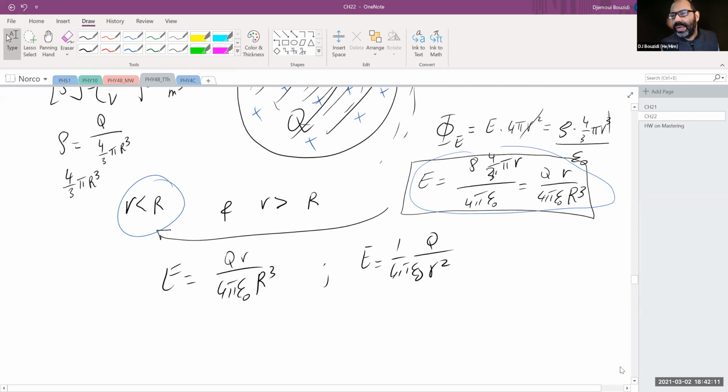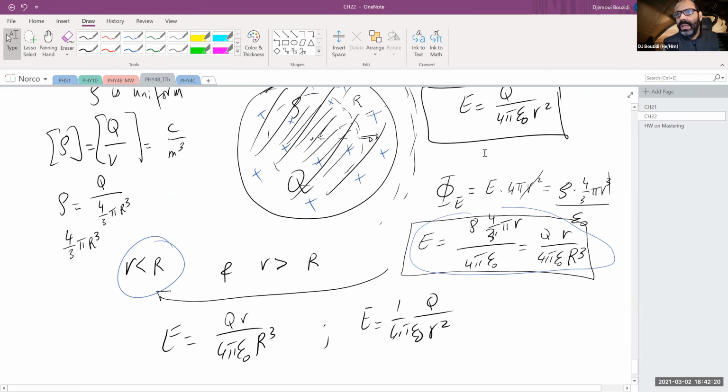So the electric field turned out to be, this is phi E, the flux, equal to the electric field times the surface area. The surface area is 4 pi r squared. And the charge enclosed is only in this volume, which is the density times the volume of that sphere, 4 over 3 pi r cubed.